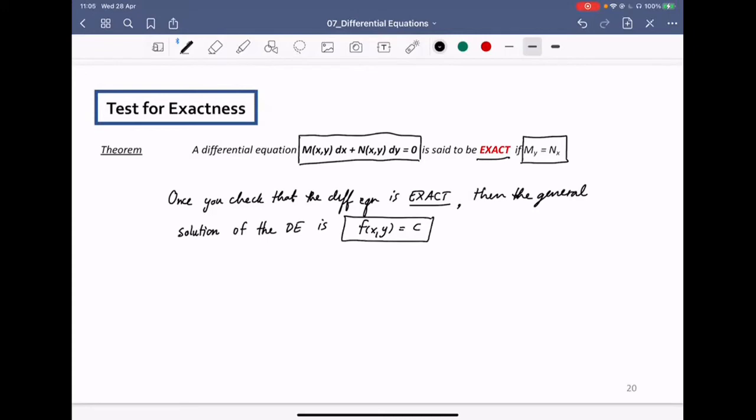So you know immediately that if the differential equation is exact, then the solution is going to be f(x,y) equal to c. You need to find that function f.